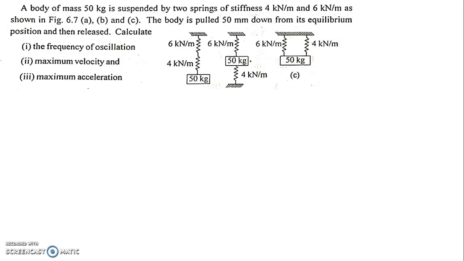Due to the 50 kilogram mass, the 6 kilonewton per meter spring is elongated by 1 centimeter. The same compression is experienced by the 4 kilonewton per meter spring. Springs are used for compression and tension. Normally, we are familiar with springs withstanding the compressive force, and we have a familiar example of a spring withstanding the tensile force.